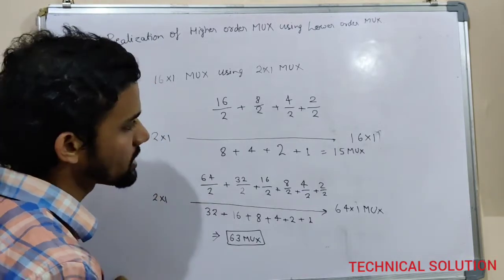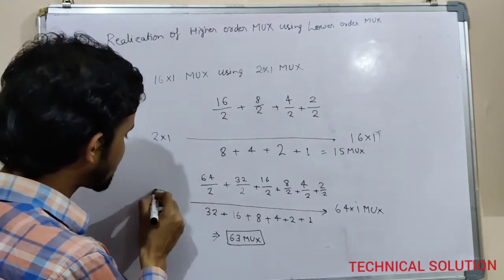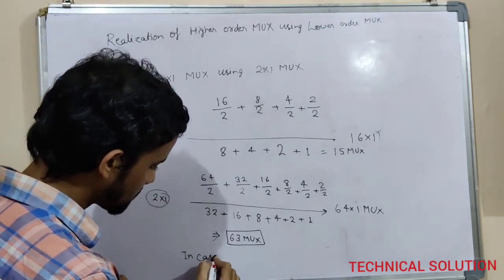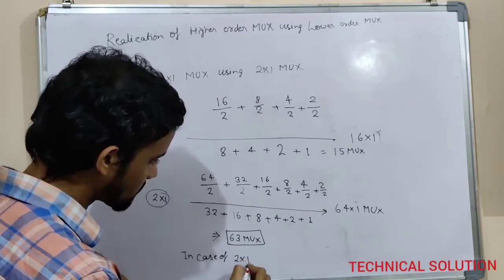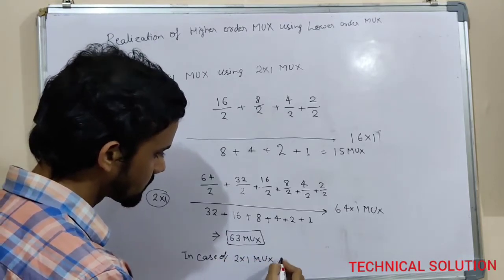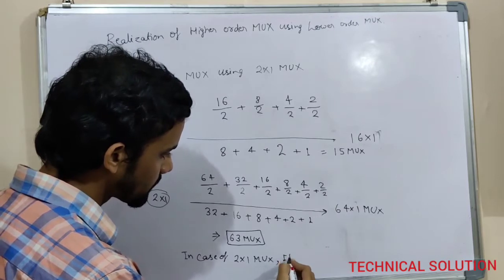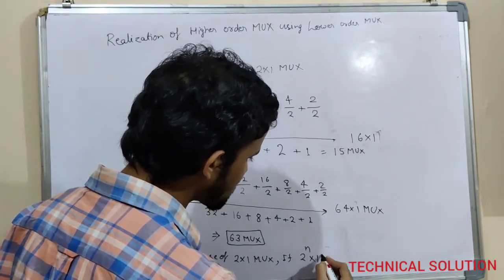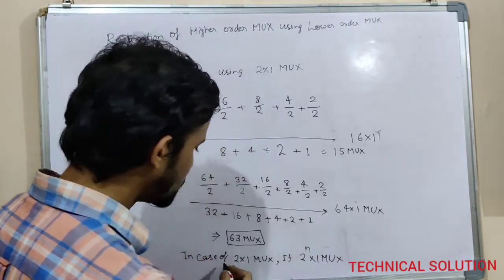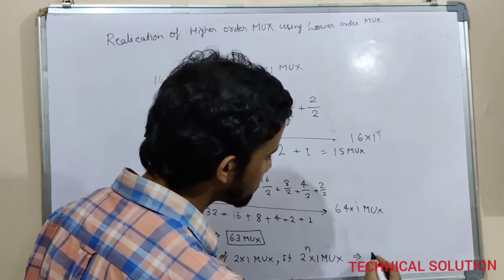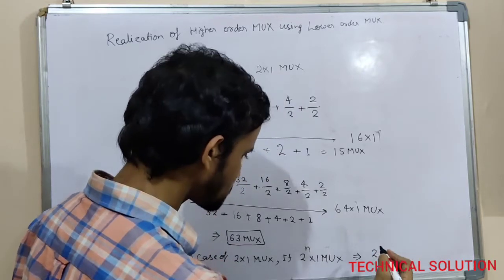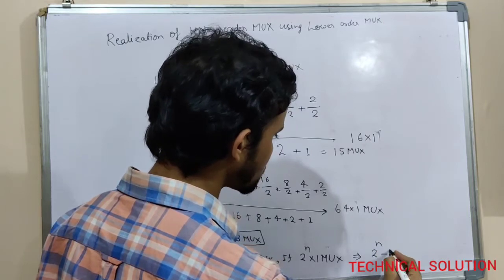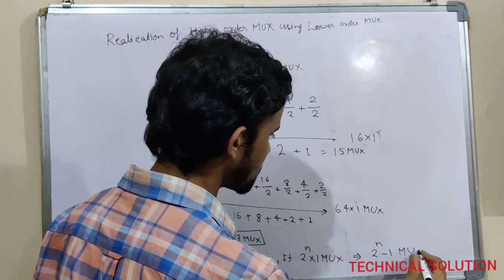And in case of 2x1 mux only, if we want to design a 2^n x 1 mux using 2x1 mux, then we need 2^n minus 1 mux.